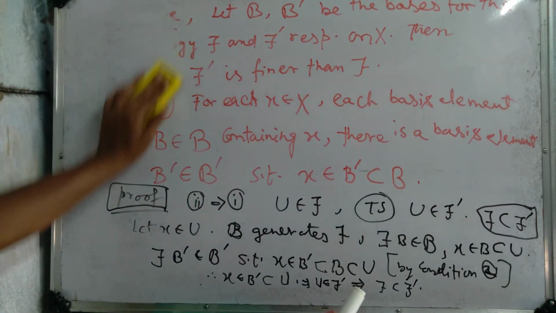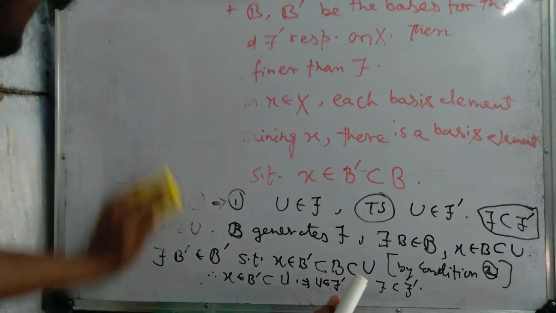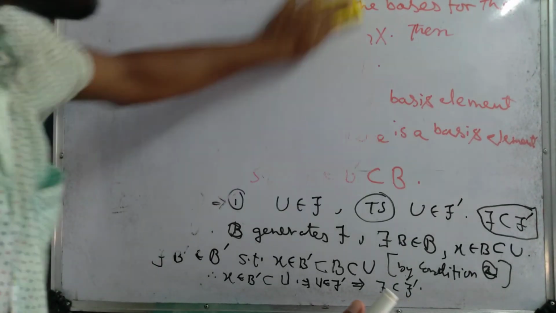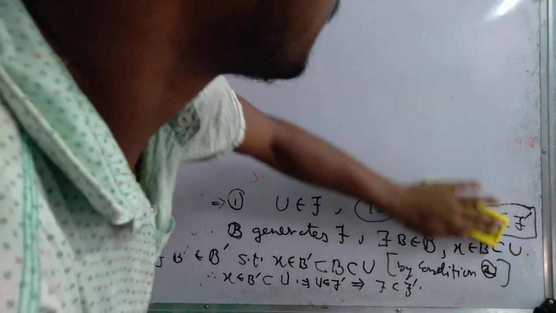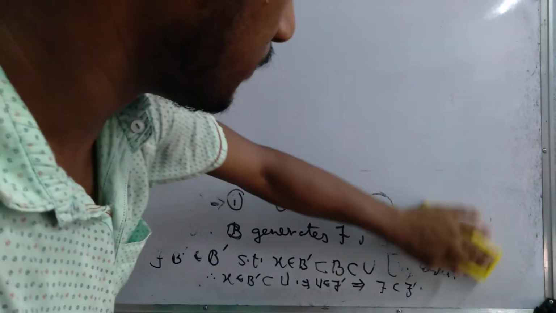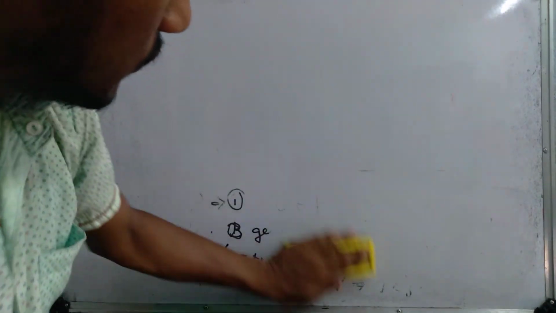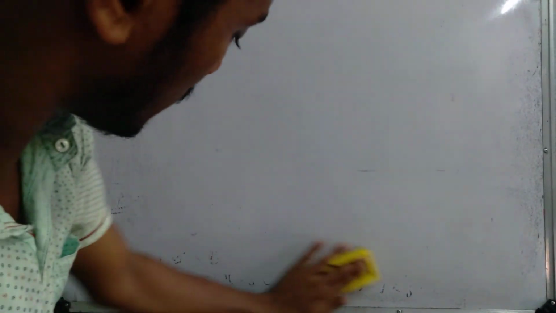Now we prove the second one, that means 1 implies 2. How can it be done? This one is also so simple. We use the condition that tau dash is finer than tau. Then we proceed to prove there exists, for each x belonging to X and each basis element b containing x, a basis element b dash belonging to script b dash such that b dash contains x, and obviously b dash is a subset of b.